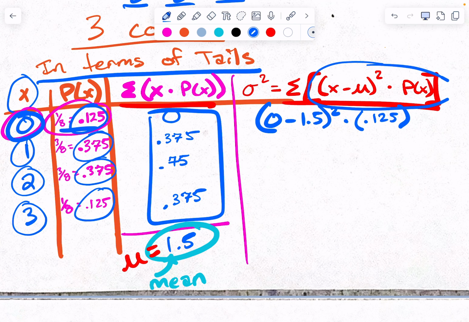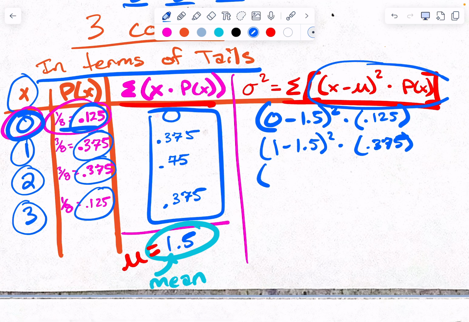Second row. 1 is my x, right? Minus 1.5 squared times, what's p of x? 0.375. Next row. 2 minus 1.5 squared times p of x, 0.375. Do we understand what we're doing here?